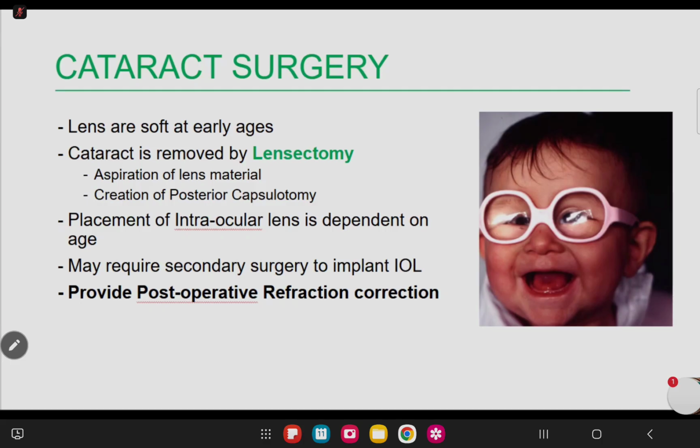There would be changes in their refraction. So every time the patient follows up, we always do refraction to check for their ever-changing grade. We then give the patients glasses also to prevent amblyopia. We will discuss amblyopia in the next meeting.